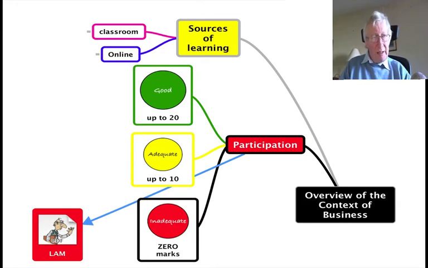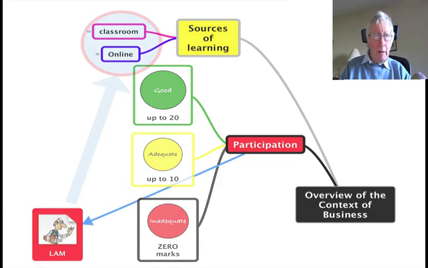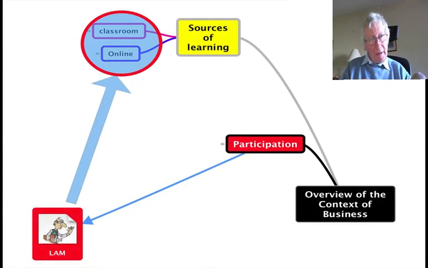The Learning Assessment Manager monitors online activity and makes a judgment on whether individual students have good, adequate or inadequate participation depending on their behaviour, their engagement, their contribution both in classroom and online. So to emphasise that, the Learning Assessment Manager monitors online activity.